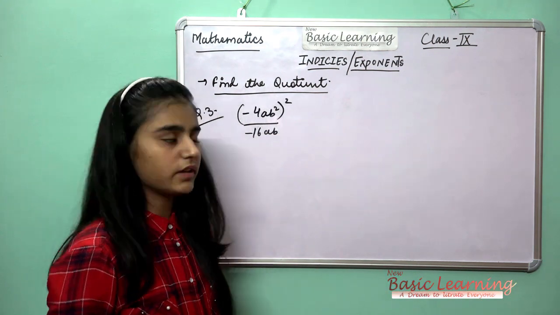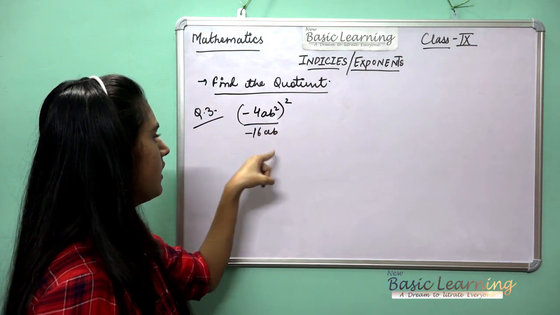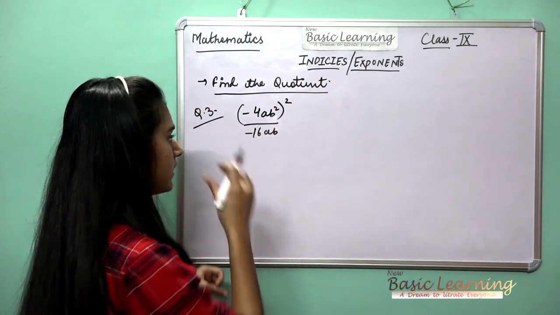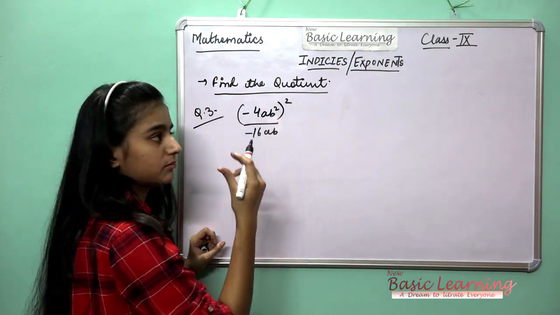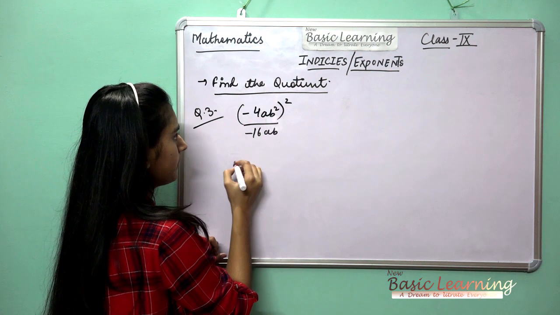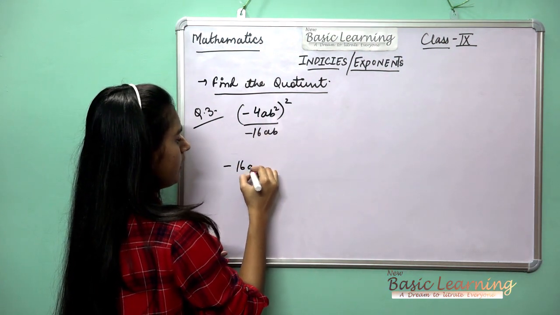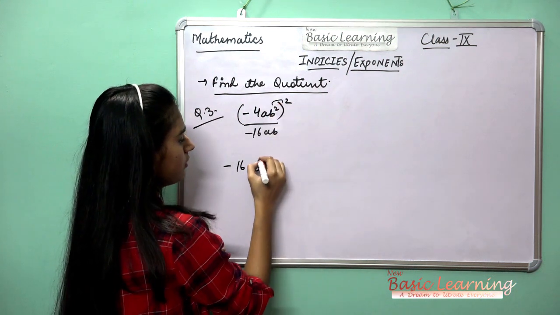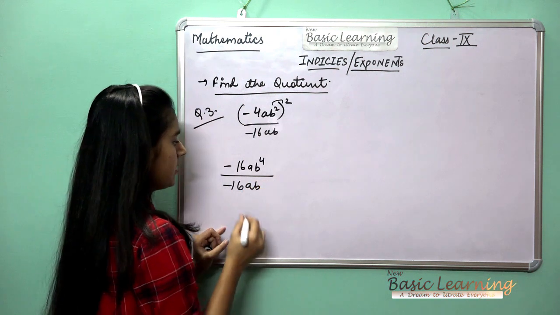Now let's move to the third question: minus 4ab square whole square upon minus 16ab. Let's solve this. When we do the square of 4, 4 fours are 16, so minus 16 a squared b to the power 4 upon minus 16ab.